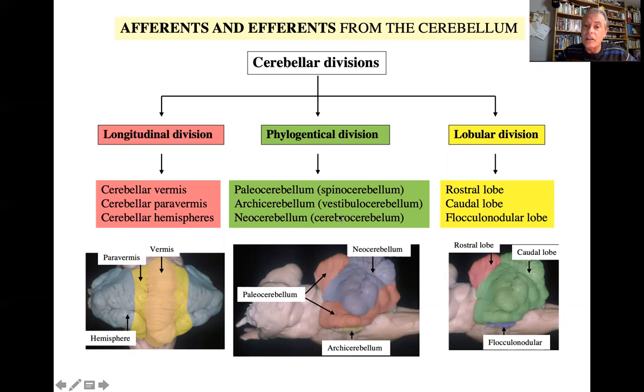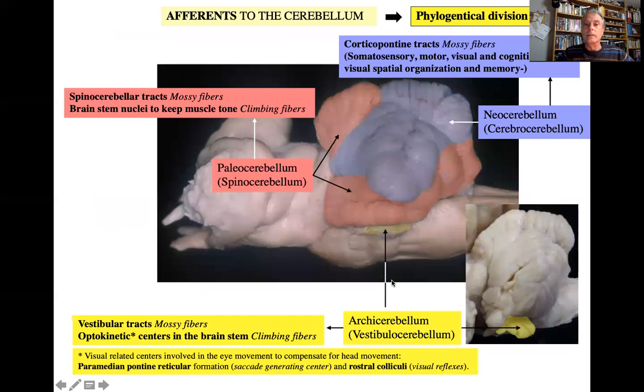There is an archicerebellum, also known as vestibulocerebellum. And finally, there is a neocerebellum or cerebrocerebellum that is formed by the rest of the cerebellum. Okay. So, for the afferents, it's better to consider a phylogenetical division.